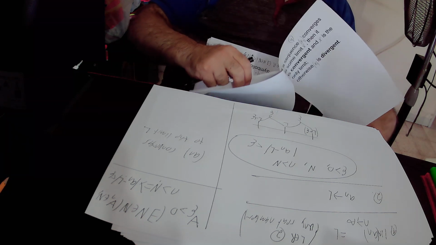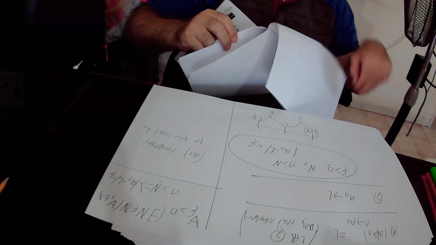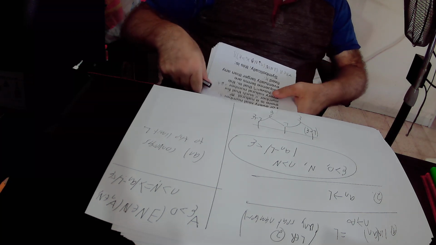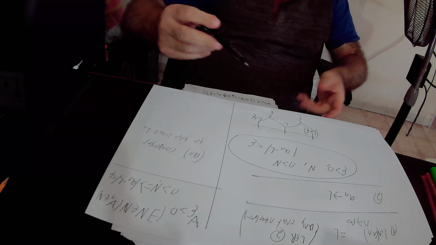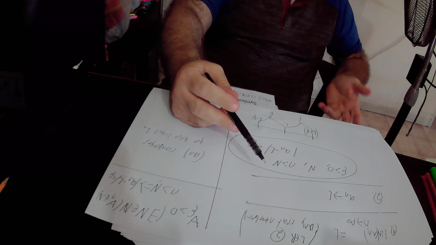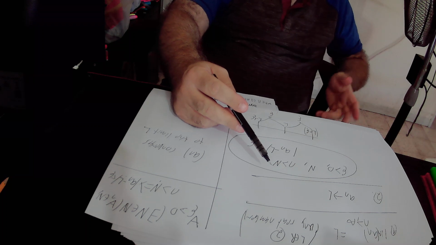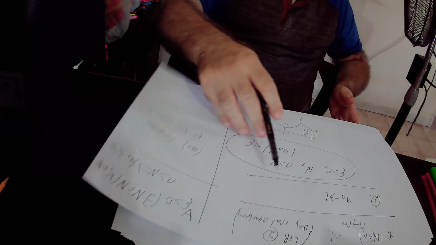Until now we talked about finite limits. Here L is a finite number, it belongs to the real numbers. So we talked about sequences that have a finite limit.